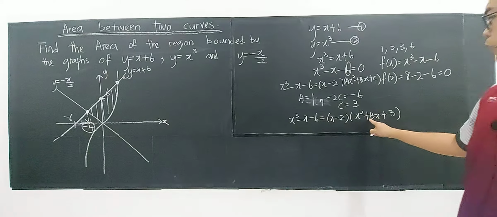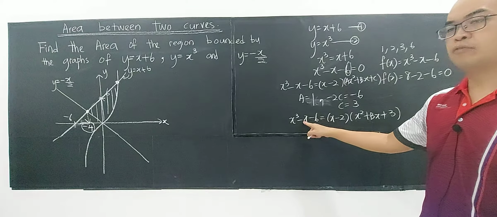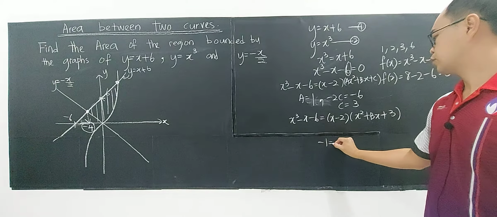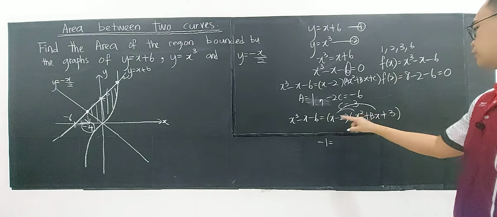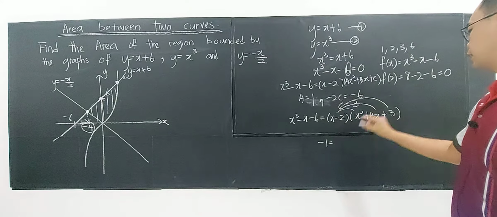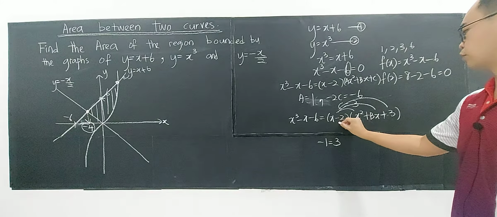To find b, we choose the coefficient of x, which is negative 1. What's the coefficient of x here? You have x cubed, x squared, positive 3, and negative 2 is not related.